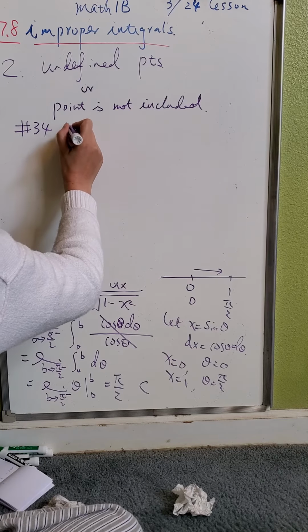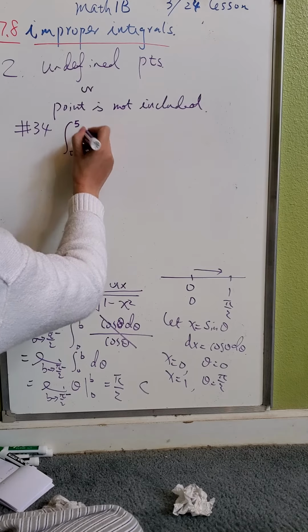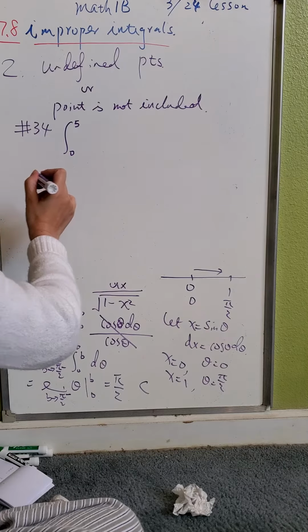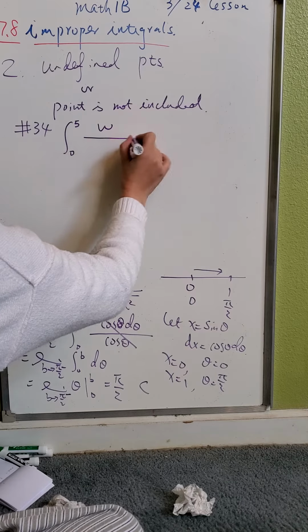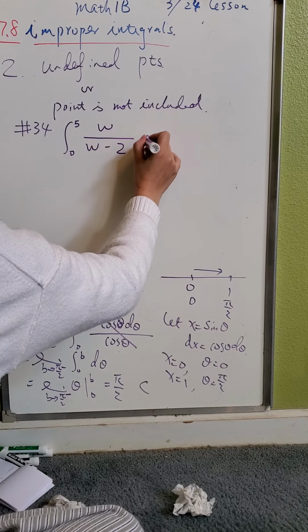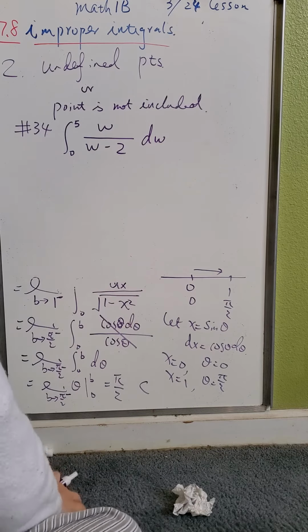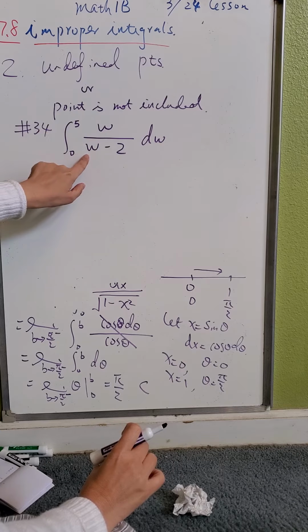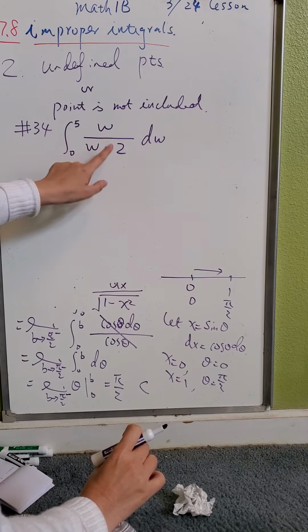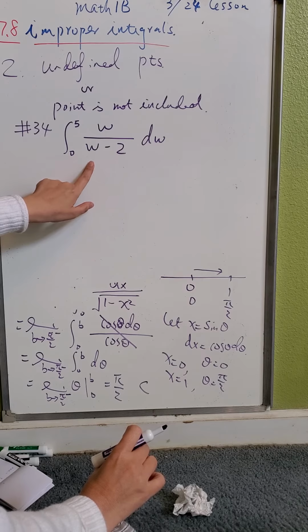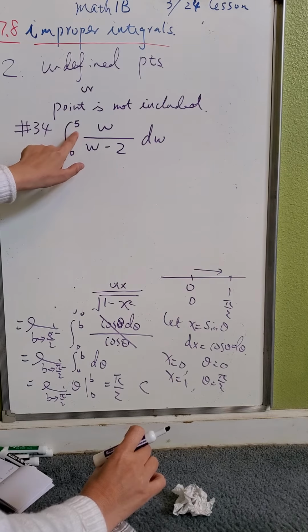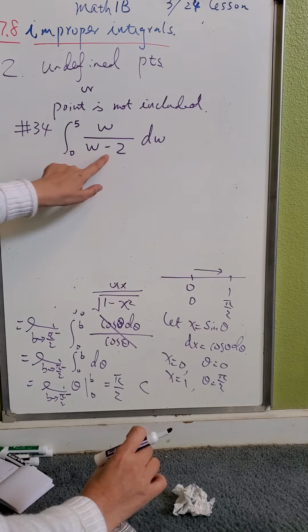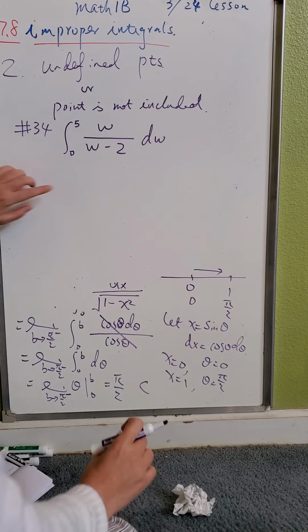We have the integral from 0 to 5 of W over W minus 2, dW. Now this time, we put the 0 inside here: 0 minus 2, 0 divided by negative 2, so that's okay. Put the 5 here, 5 minus 2 is 3, so that's still okay.